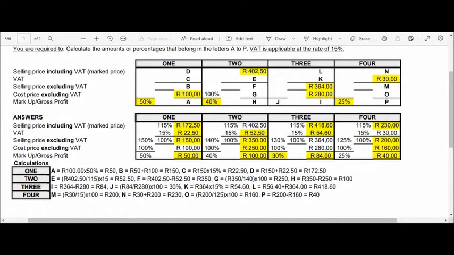So you take the gross profit over the cost price, not the selling price. It would have been the selling price if we were to calculate the gross margin. So please accept my apologies there, ladies and gentlemen. I think I actually did say the cost price, but then I indicated the wrong figure. Okay, so it is this 84 rands divided by the 280 rands. That will give us the 30%.